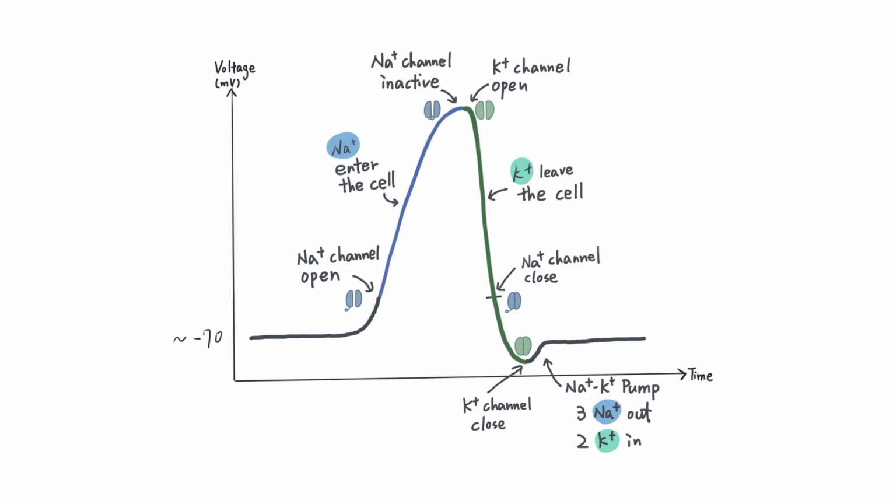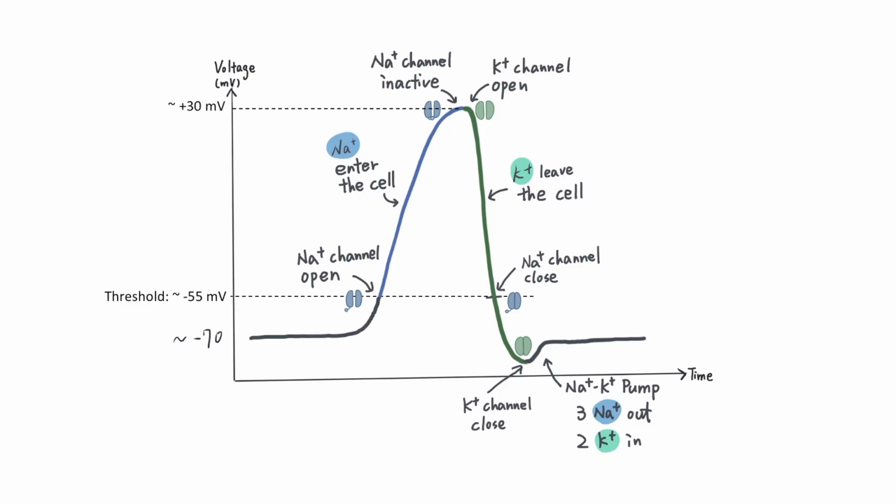Let's clear everything and look at it again. Your resting potential is minus 70 millivolts. When it increases to minus 55 millivolts, the action potential starts because you open the sodium channel. So minus 55 millivolts is the threshold for action potential.